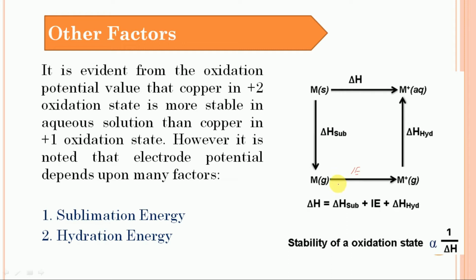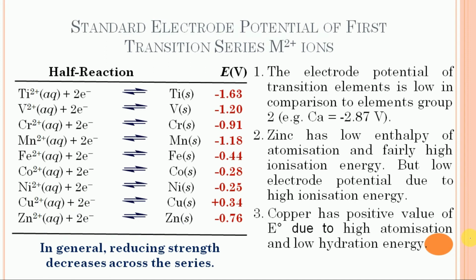The overall energy change ΔH is equal to ΔH sublimation plus ionization energy plus ΔH hydration. The smaller the value of the total energy change for a particular oxidation state in aqueous solution, the greater will be the stability of that oxidation state, or we can say the stability of the oxidation state is inversely proportional to ΔH. The electrode potentials are a measure of the total energy.